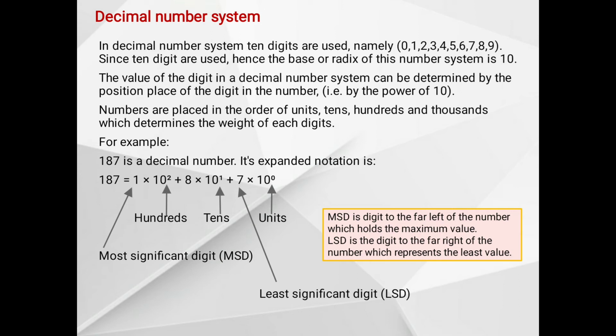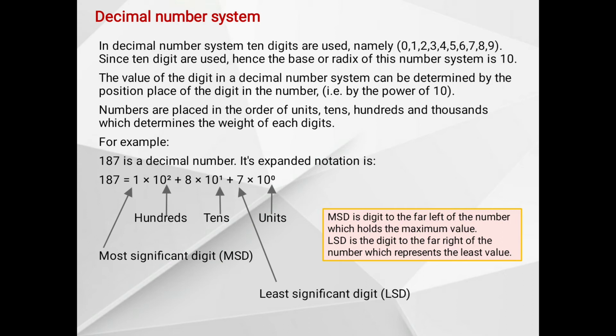The value of a digit in the decimal number system is determined by the position or place of the digit in the number, that is, by the power of 10. For example, take 187. The place values of the digits are in the order of units, tens, hundreds, thousands.